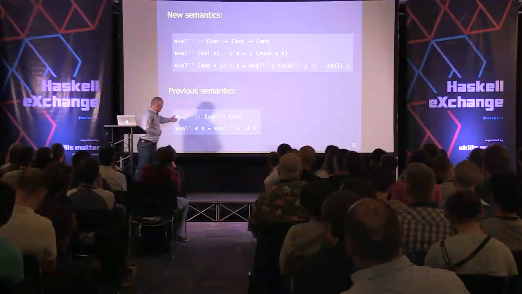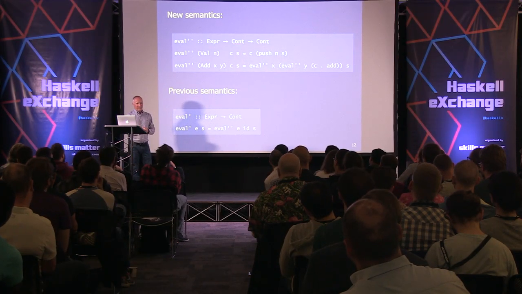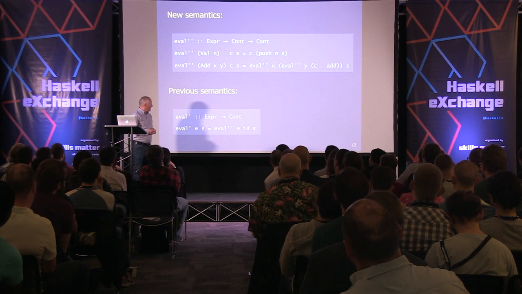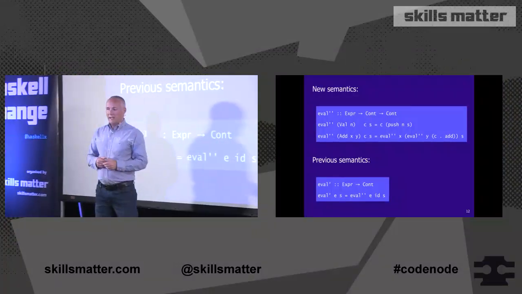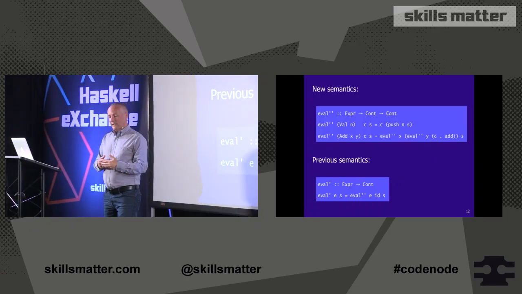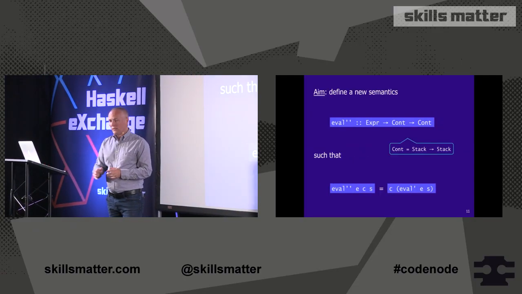And if you wanted to recover our previous semantics from this, that's very straightforward to do. If we want our previous semantics, which had type expr to stack, but now stack to stack is a continuation, so we can rewrite the type like that. If we just plug in the identity function here, which takes a stack and does nothing with it, then we'll get the same behavior.